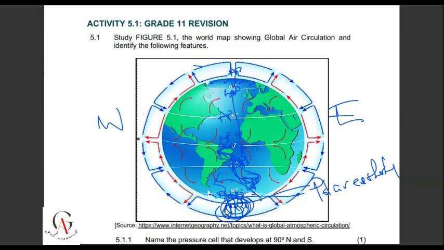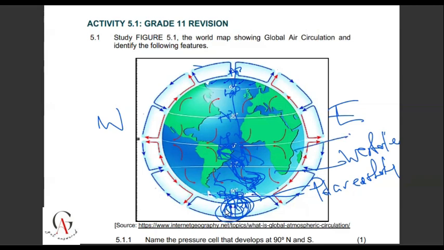Then between this belt and this belt here, the winds are going in that direction. They are coming from the west going to the east. This belt is the belt of what we call the westerlies. And in this belt here, they are coming from the east and going to the west.